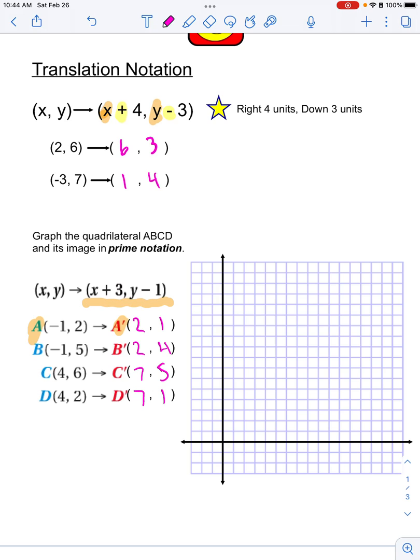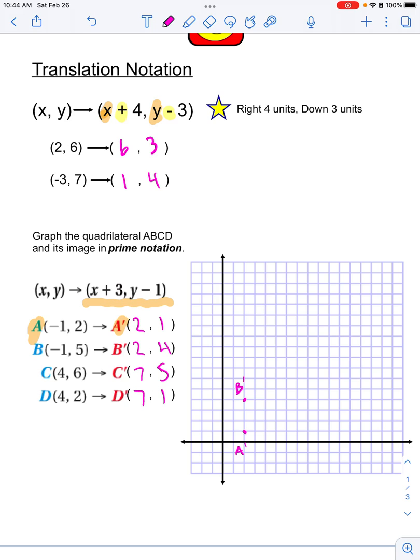If I were to go through and label this, here x is 2, y is 1. I'm going to call this A prime. X is 2, y is 4. B prime.